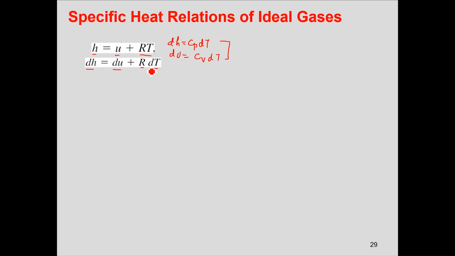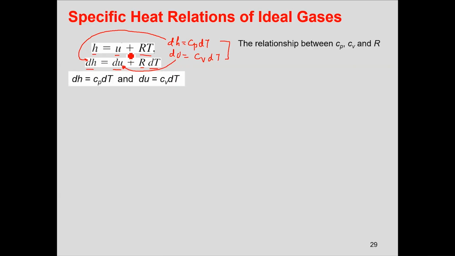So if I plug in over here, dh equals Cp dT and du equals Cv dT, I'll have essentially this equation which says that Cp dT is equal to Cv dT plus R dT. In this equation, the dT would cancel out and you would essentially have Cp equal to Cv plus R.